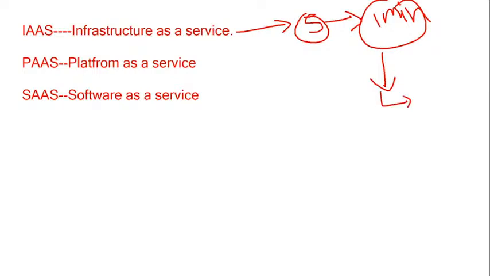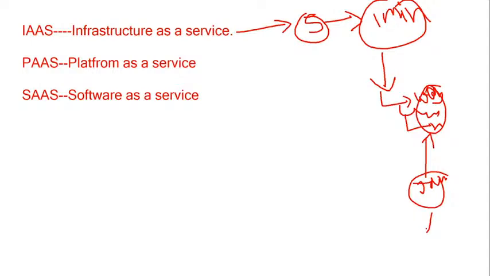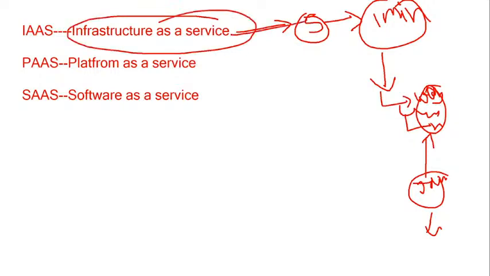Then on top of it, to host a Java application, what do we have to do? Install web servers like WebLogic, WebSphere, JBoss, or Apache Tomcat, and on top of it host your Java application. That should be managed by yourself. The cloud vendor just provides the virtual machines, and the remaining management should be taken care of by yourself. Why? Because the application is yours, so management is yours.